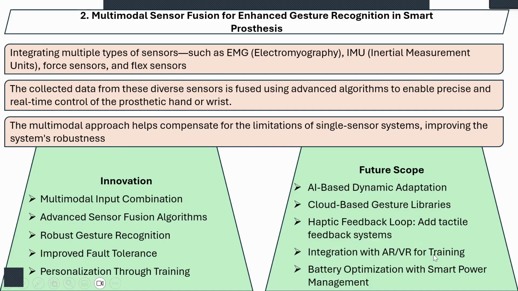Integration with AR or VR for training. So it uses a virtual reality environment to help users train and improve control over their prosthetic hand through guided interaction. Battery optimization with smart power management. It utilizes sensor data to activate only necessary modules, conserving battery life and improving the prosthesis.